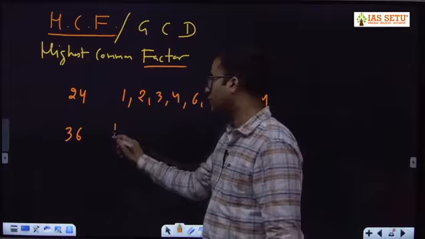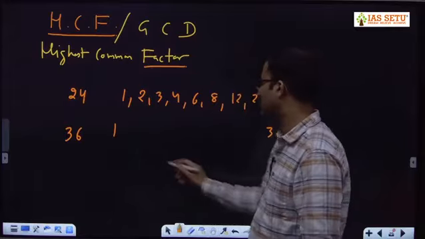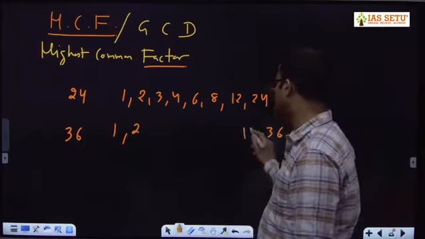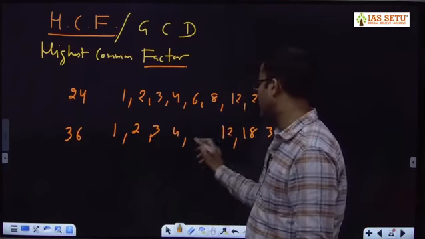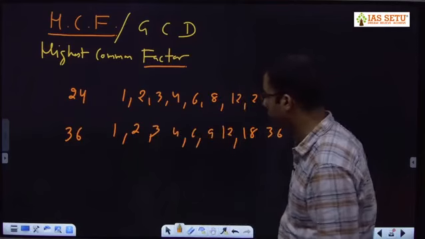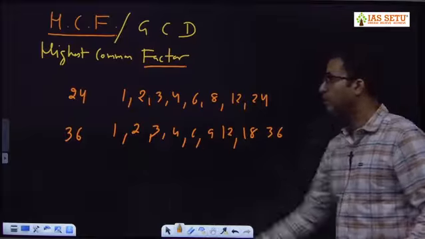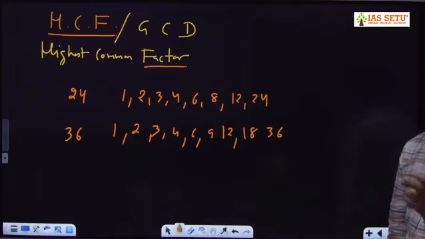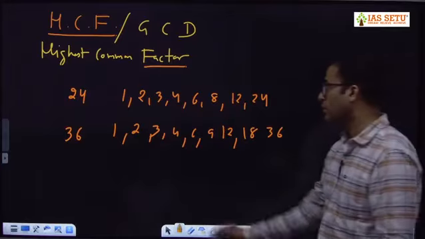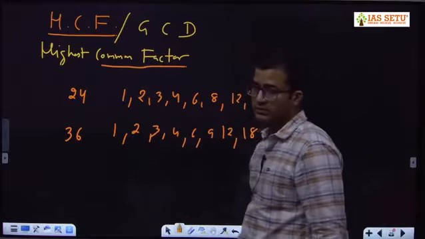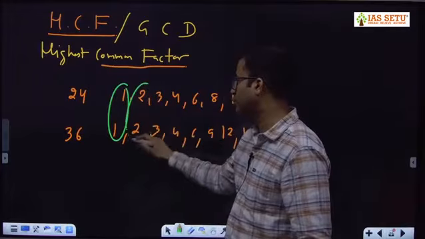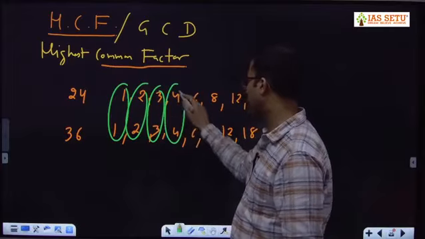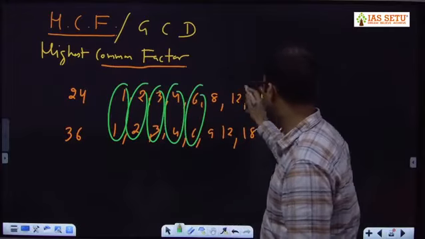What are the factors of 36? 1 and 36. 2 makes a pair with 18. 3 makes a pair with 12, 4 makes a pair with 9, 6. These are the factors of 36. So you manually take the factors of 24 and the factors of 36. But the word here is common factor. Let us identify the common factors here. 1, 2, 3, 4, 6, 12.